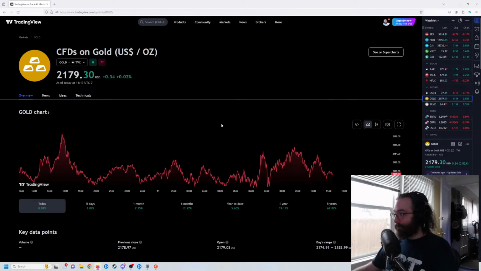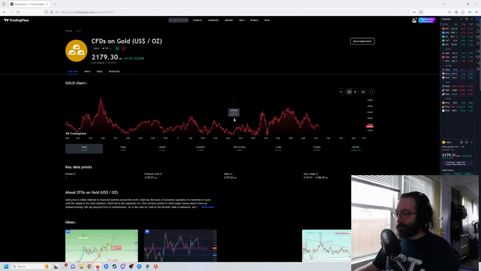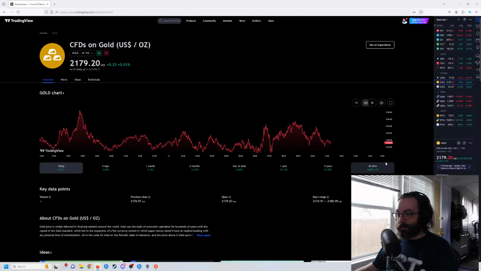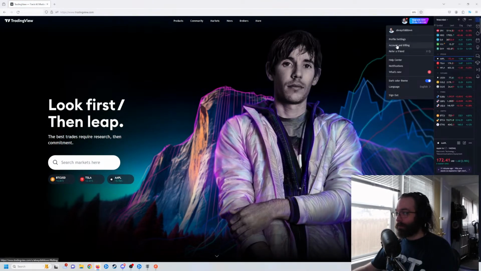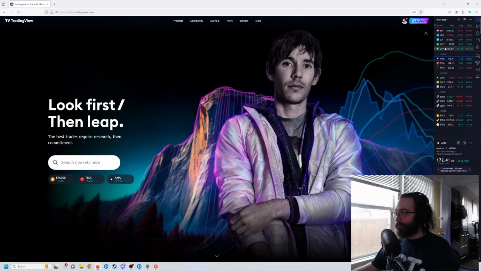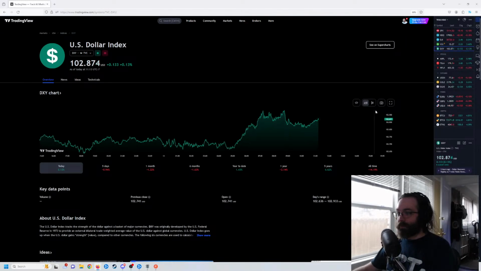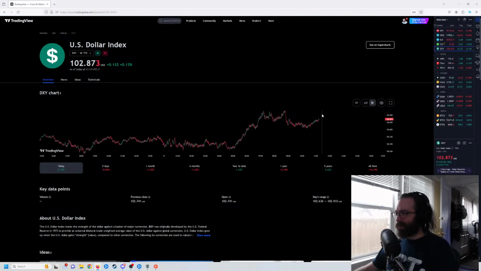Okay, we'll just go check out the gold chart, right? Oh my god, this is not the chart that I want to look at. How do I get the advanced view? I've never seen this site do this before. Why is it giving me this shitty version of this chart?